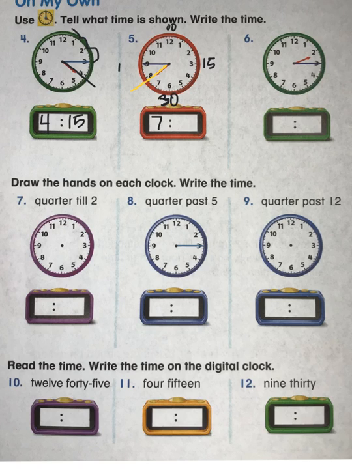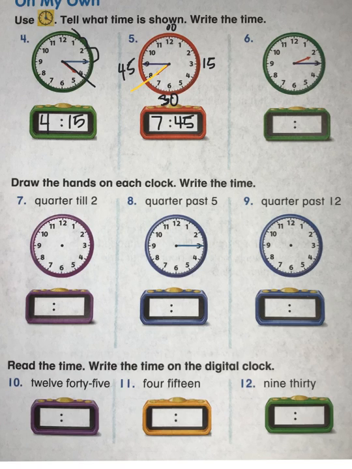Another quarter is 45. So these are the increments that we need to remember. Instead of each time we'd have to go, okay, 5, 10, 15, 20, 25, 30, 35, 40, 45. We can look and see that the minute hand is on the 9, and we'll start to remember that that means 45. So it's 7:45.